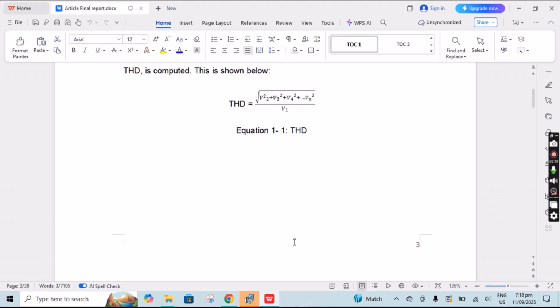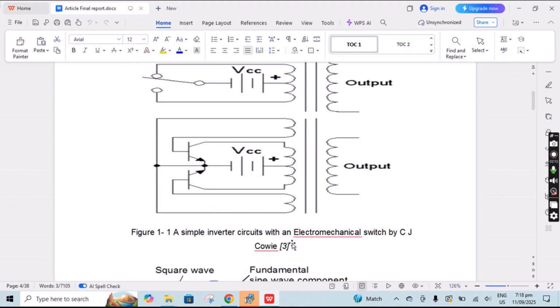Next part is the 7-level multi-level inverter circuit with the electromechanical switch, which is basically this one.